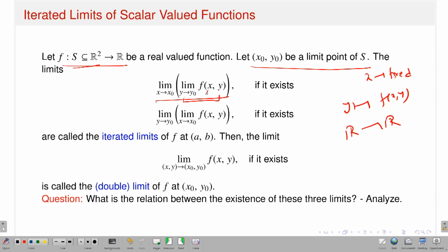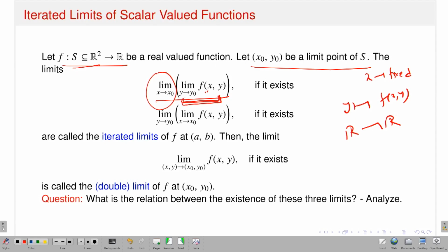So keeping x as a fixed variable, I can think about the limit of a real valued function of a real variable, that means the limit as y approaches y naught of f of x, y. Once I have that, at each x the limit exists, so this is a function of x, and then I can talk about the limit as x approaches x naught.